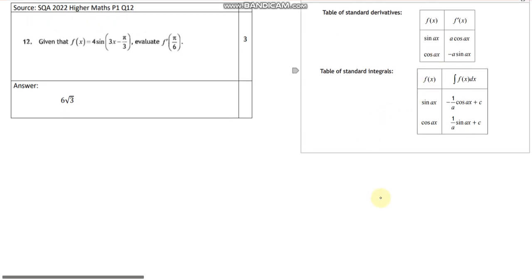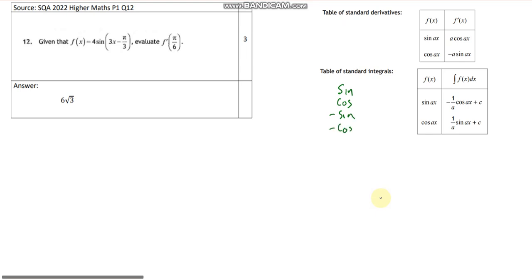But I would usually just write that I know sine differentiates to cos, which differentiates to negative sine, which differentiates to negative cos, and then that series just repeats over and over again. Sine, cos, negative sine, negative cos, and it keeps on going forever, in the same way that up here there's the integrating list.